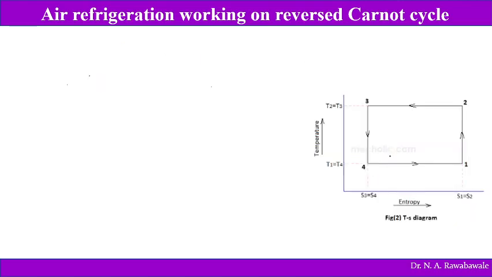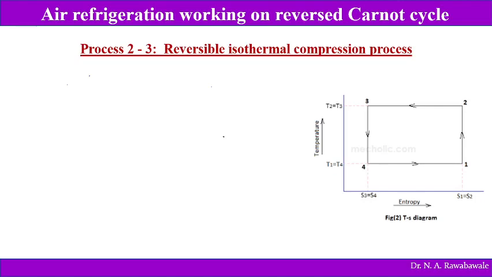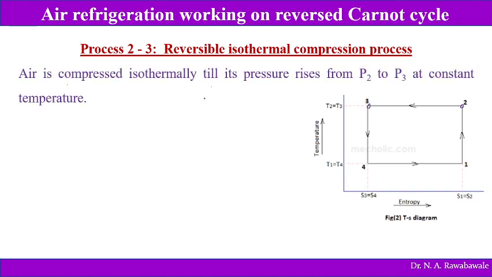Then second is 2 to 3 reversible isothermal process. So process 2 to 3 is reversible isothermal process, during which air is compressed isothermally till its pressure rises from P2 to P3 at constant temperature. So temperature T is equal to constant, that is nothing but temperature T2 is equal to temperature T3.